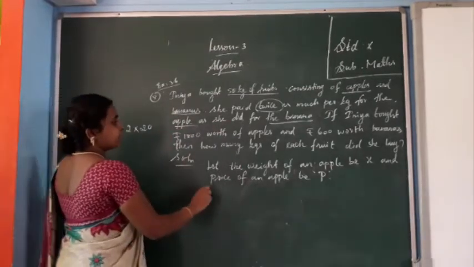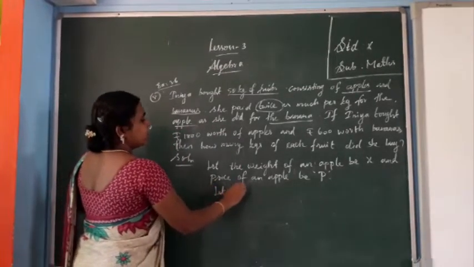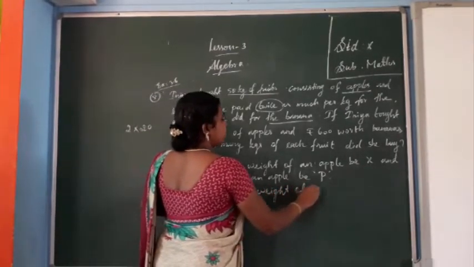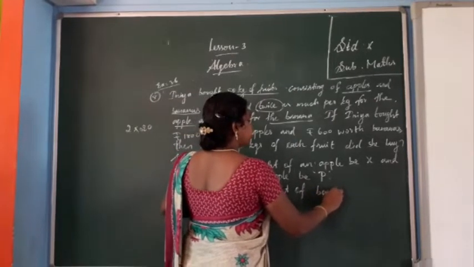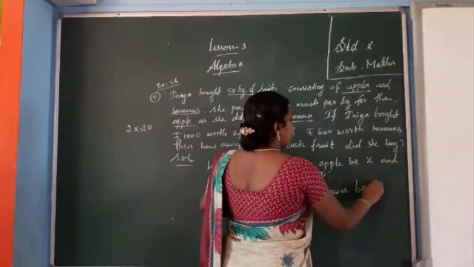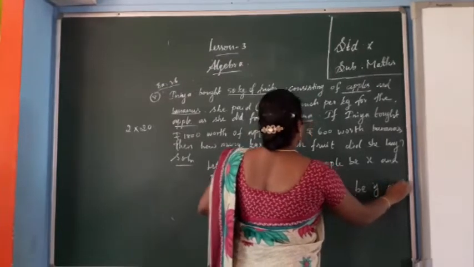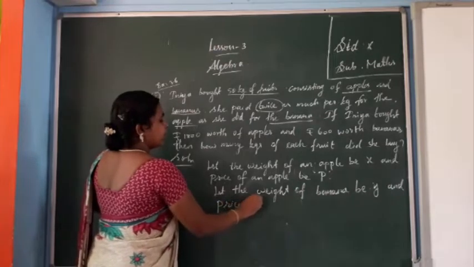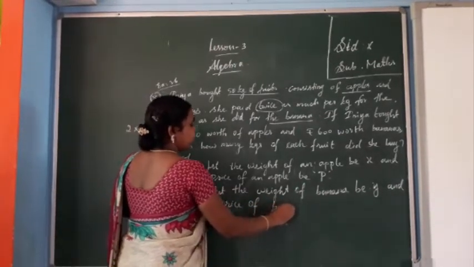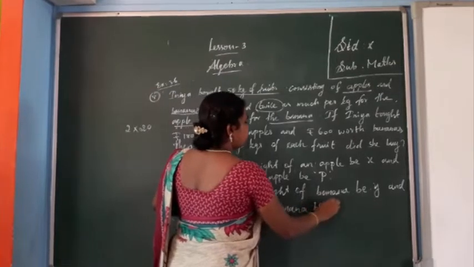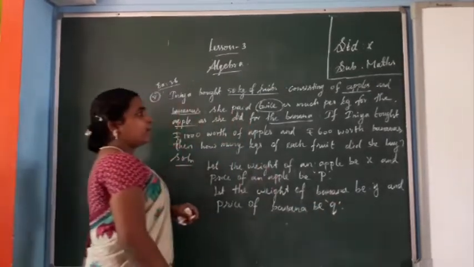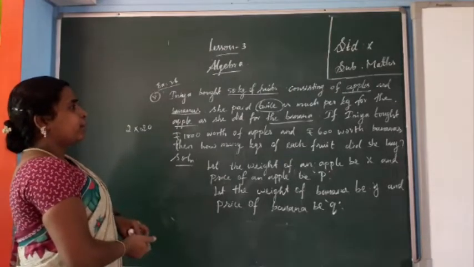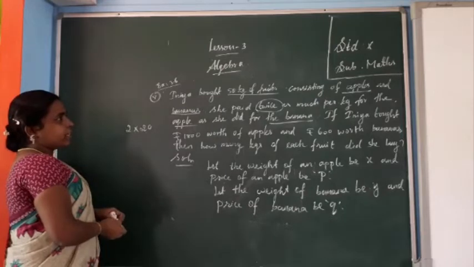Then same as the banana: let the weight of banana be Y and the price of banana be Q. One is P, another one is Q. That will make it easy for us to write the conditions. If you take weight and price, otherwise the calculation is a little lengthy.